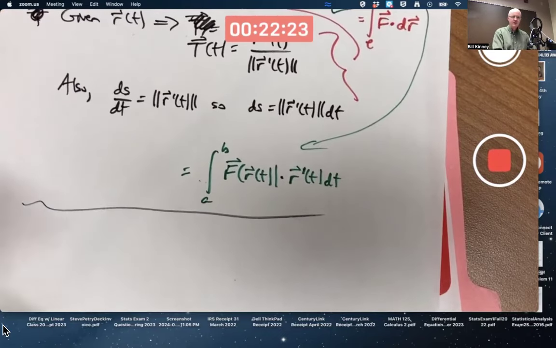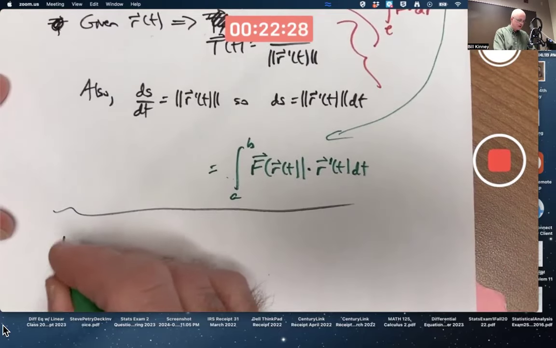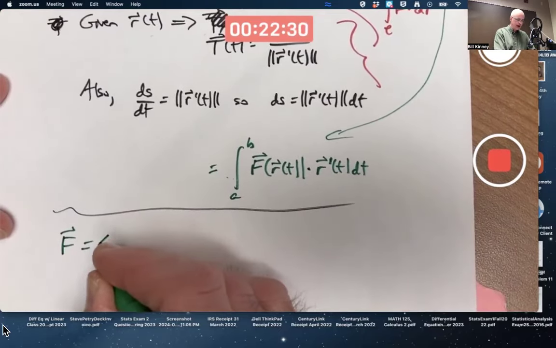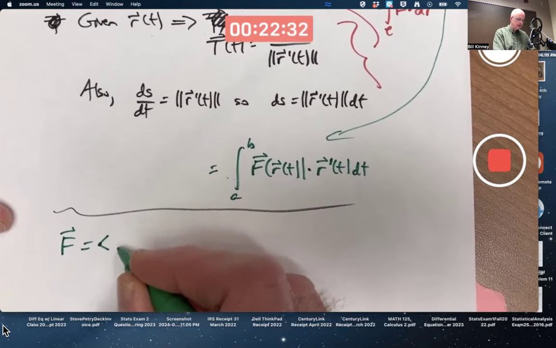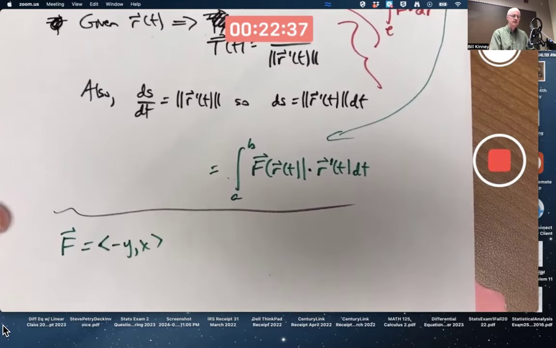Let's do an example. We'll typically keep our vector fields fairly simple. I think this is the example from Friday. Let's let f equal negative y, x.